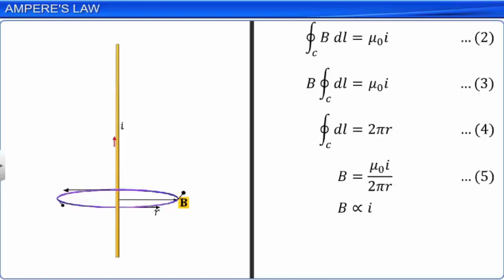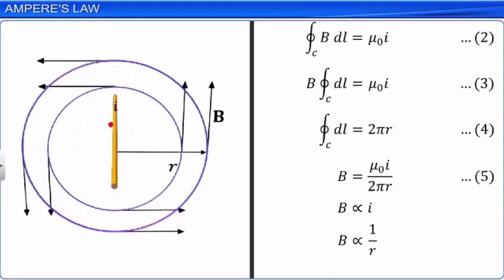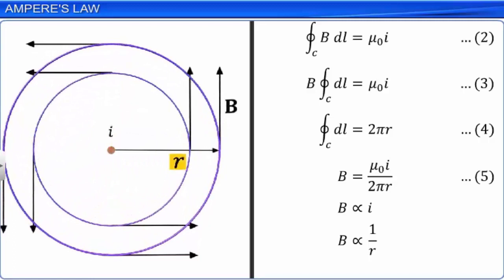That is, B is inversely proportional to R. For a constant current, the magnetic field depends on R and possesses cylindrical symmetry, as the magnitude of the magnetic induction at every point on each concentric circular loop is constant.